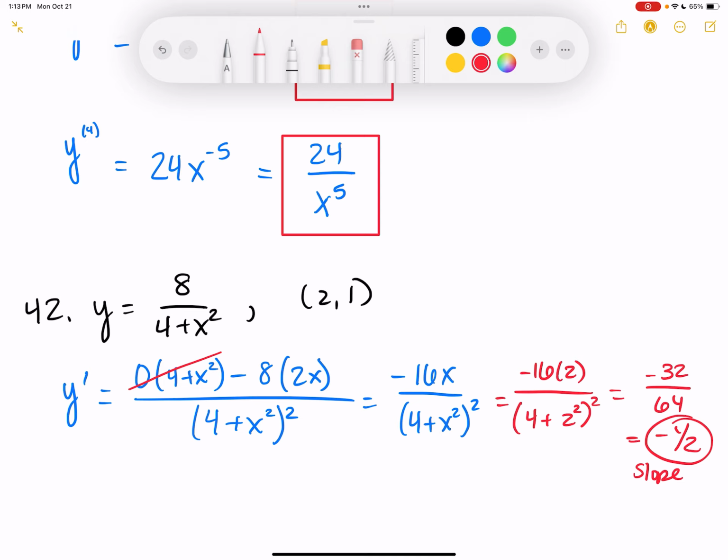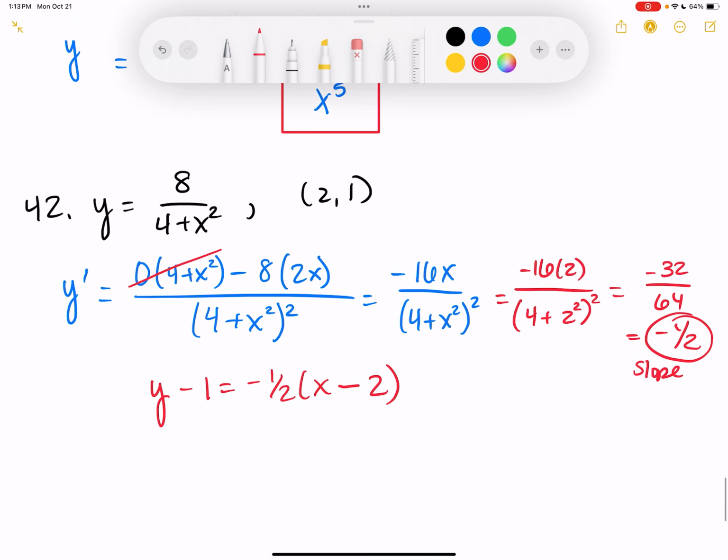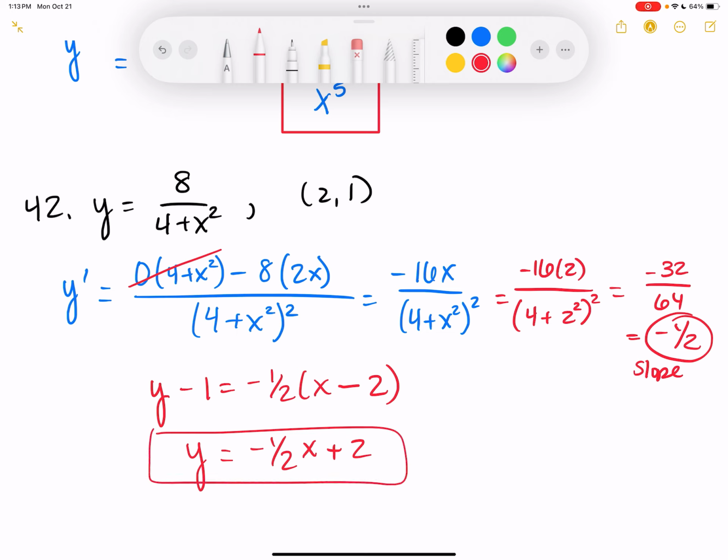It would be y minus 1 is equal to negative 1/2 times x minus 2. Yep. So then you can do negative 1/2 x plus 1, so plus 2 would be my equation of my tangent.